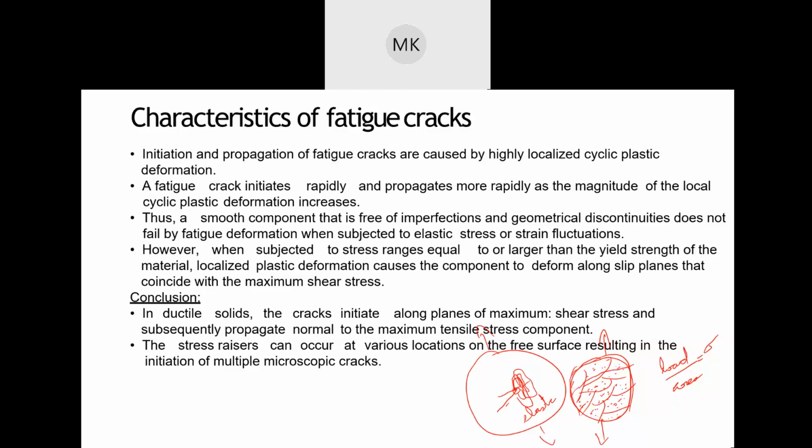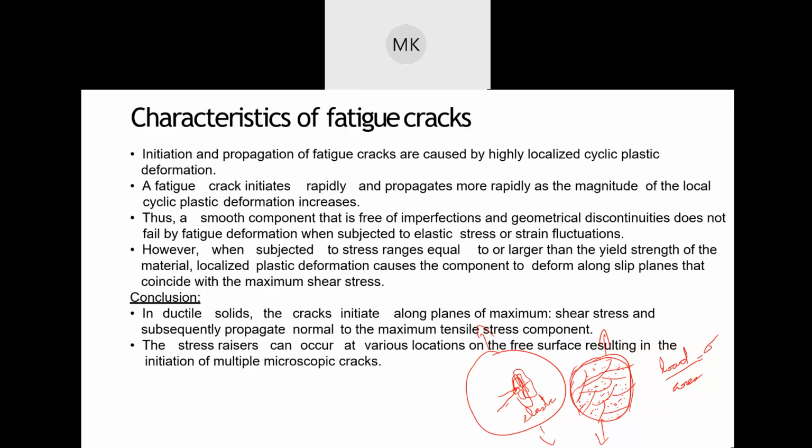If you make sure that the surface is smoothened, then you are reducing the chance of a surface crack initiating and growing into a major crack. So, in conclusion, in ductile solids, the crack initiates along the plane of maximum shear, basically in the direction of the shear plane or slip plane.